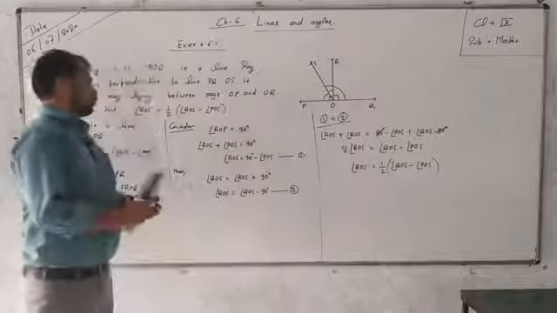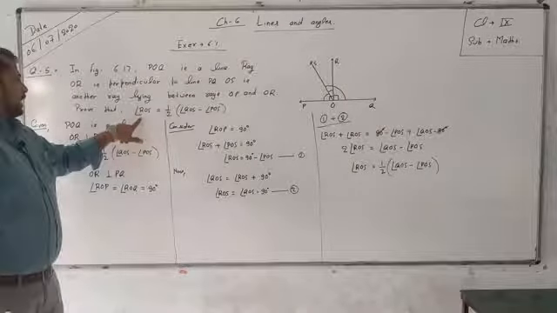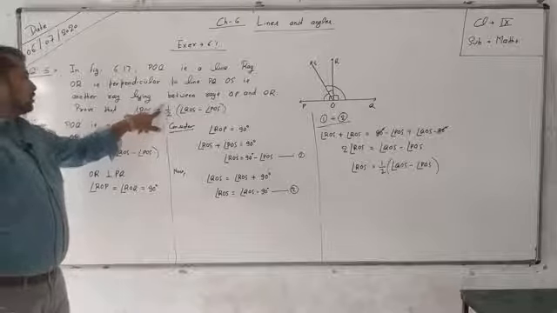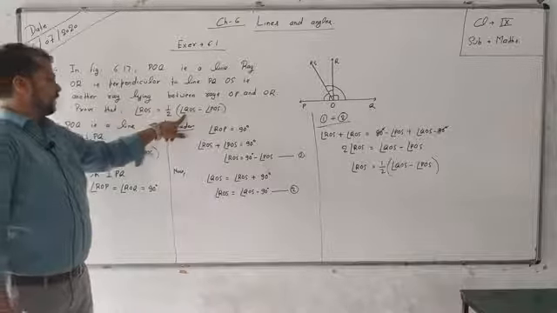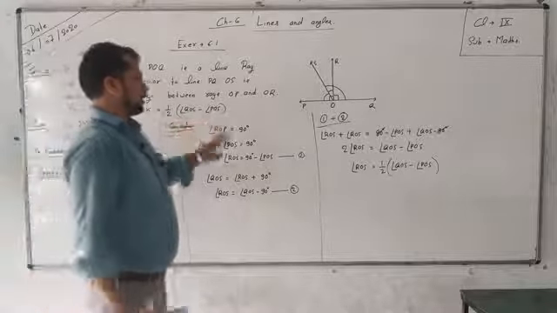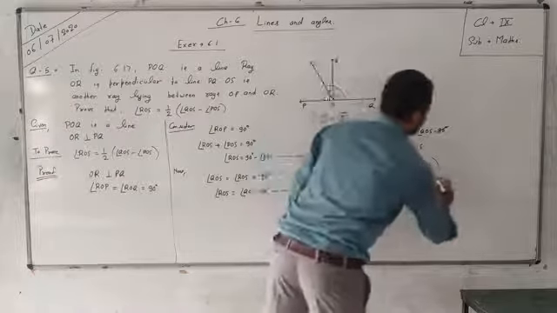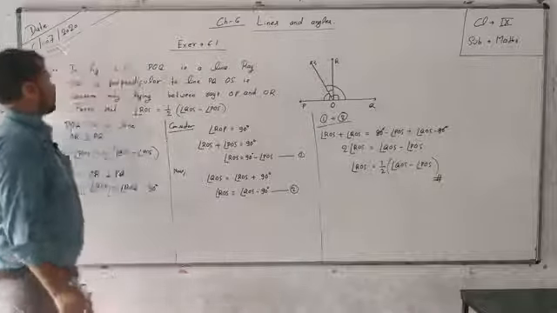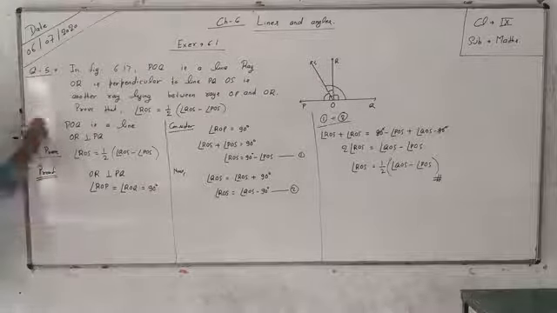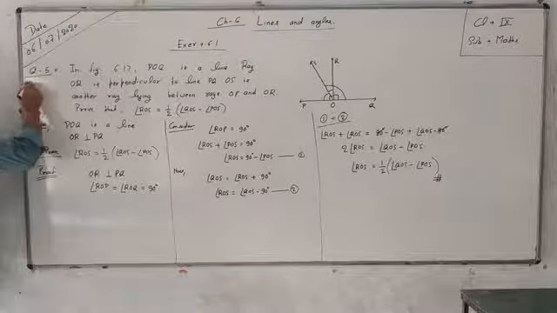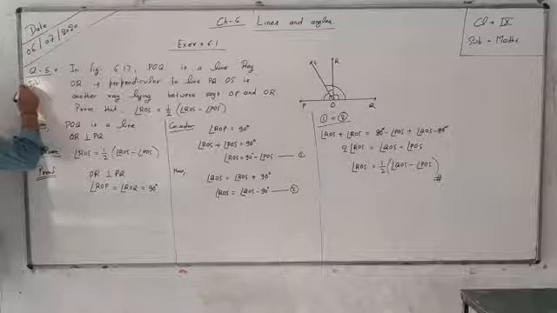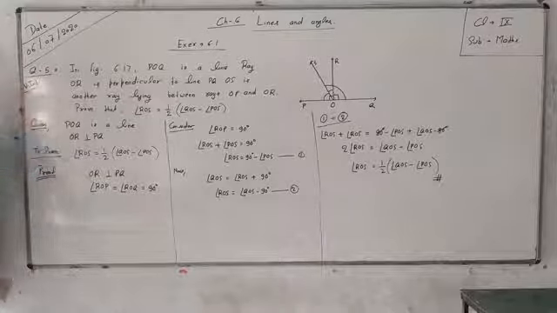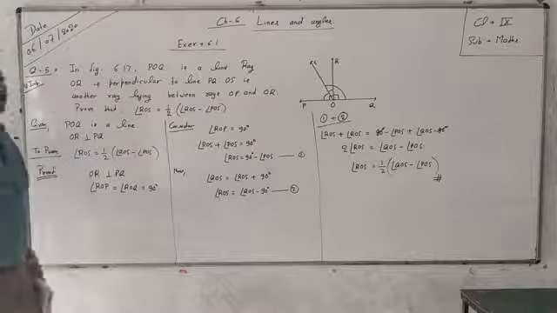And what you have to prove? You have to prove angle ROS is equals to half in bracket angle QOS minus angle POS, means this is the full solution of your question. And in last I want to tell you, this is a very important question from your examination point of view.